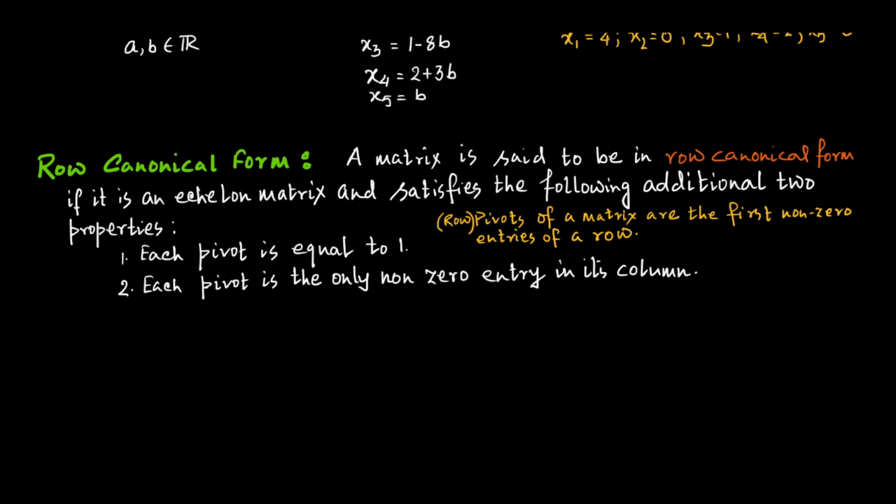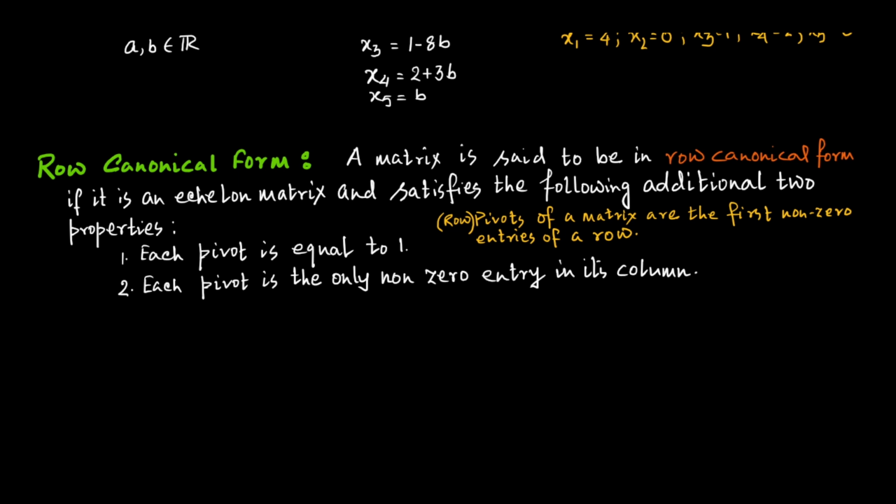Now, the major difference between an echelon matrix and a matrix in row canonical form is that in an echelon matrix, there must be zeros below the pivots. But in row canonical form, each pivot must be equal to 1, and there must also be zeros above the pivots as well.